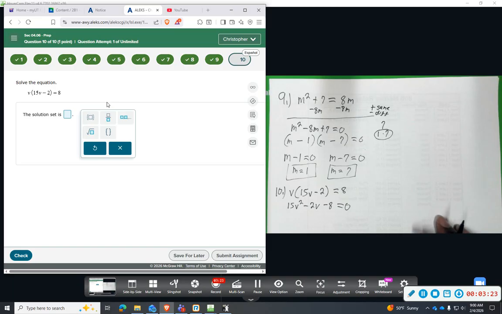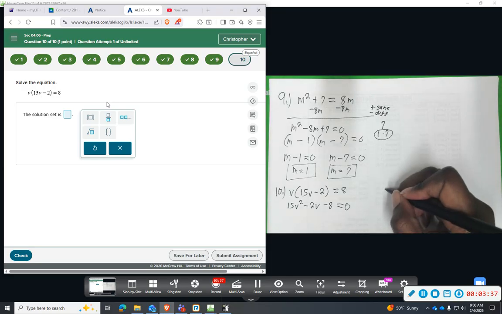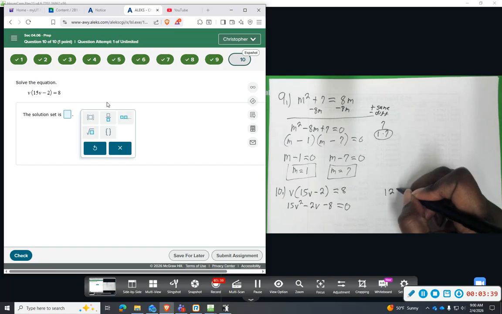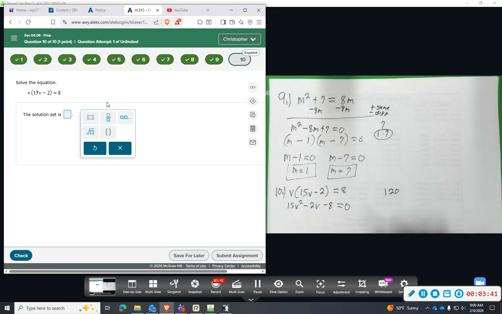So once again, I want to see if this factors. That's going to be the easier method. 15 times 8. So 30, 60, 120. We're going to write the factors of 120. We're going to subtract because of this sign to get a negative 2.